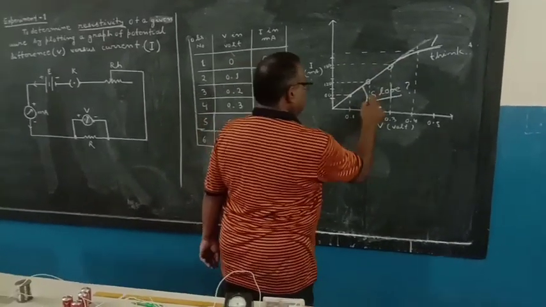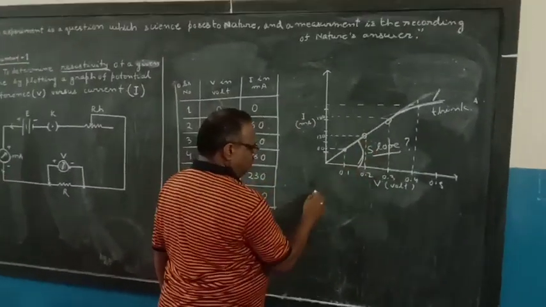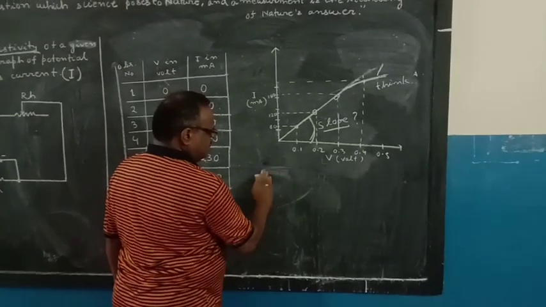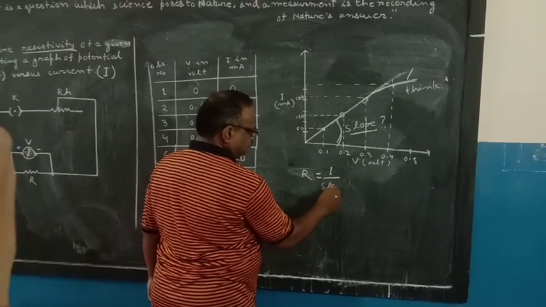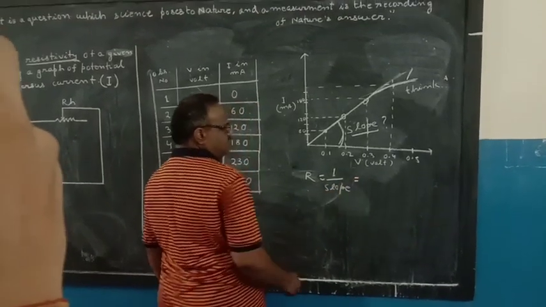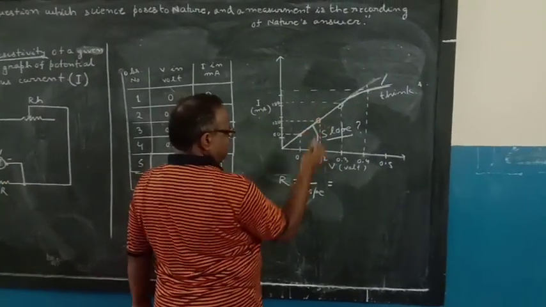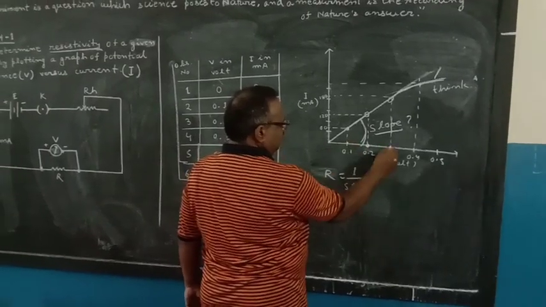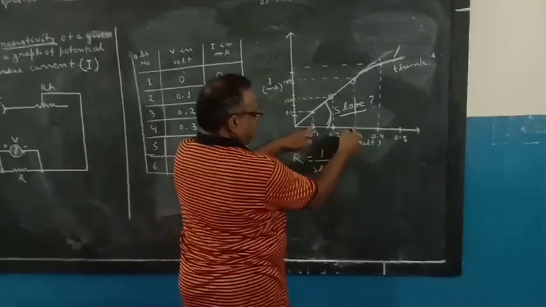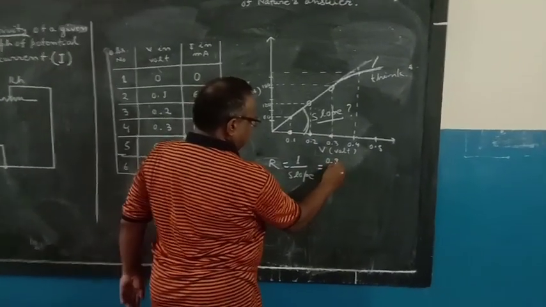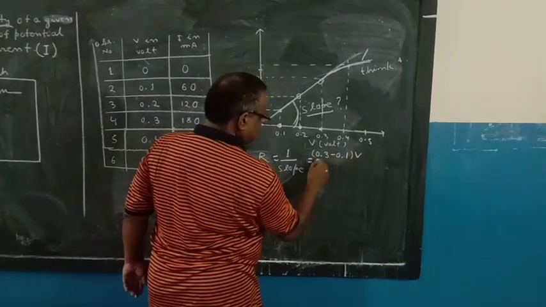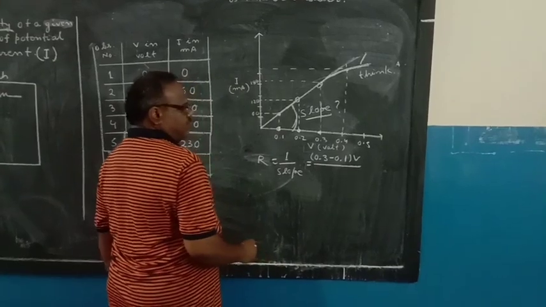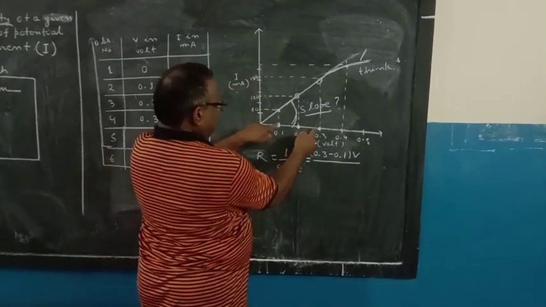If I am taking the slope, the resistance R is 1 by slope. Let us take these two points. It is 0.3 minus 0.1 in volt, divided by the difference of these two points.